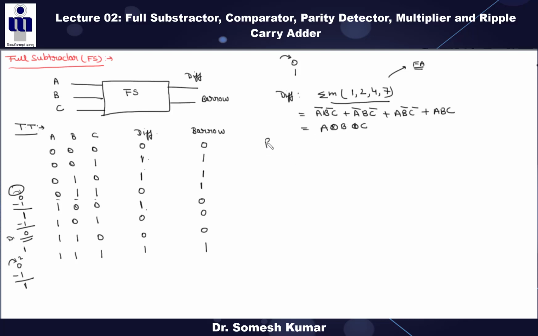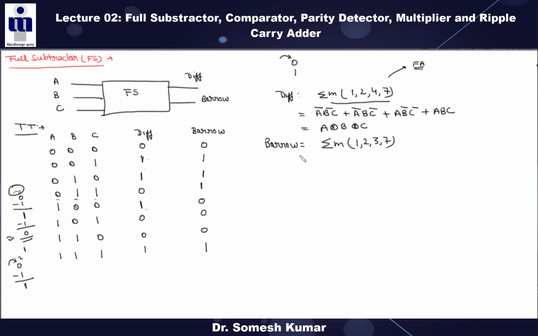Now what about the borrow? The borrow in the standard SOP form is minterms 1, 2, 3, 7, right?